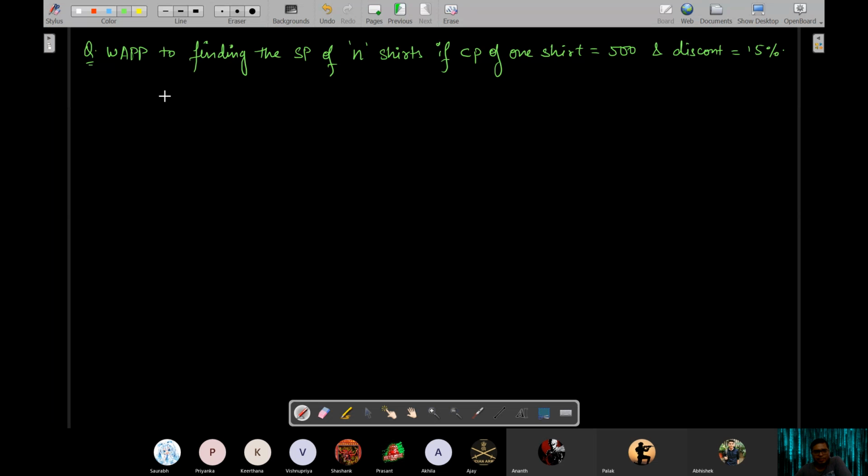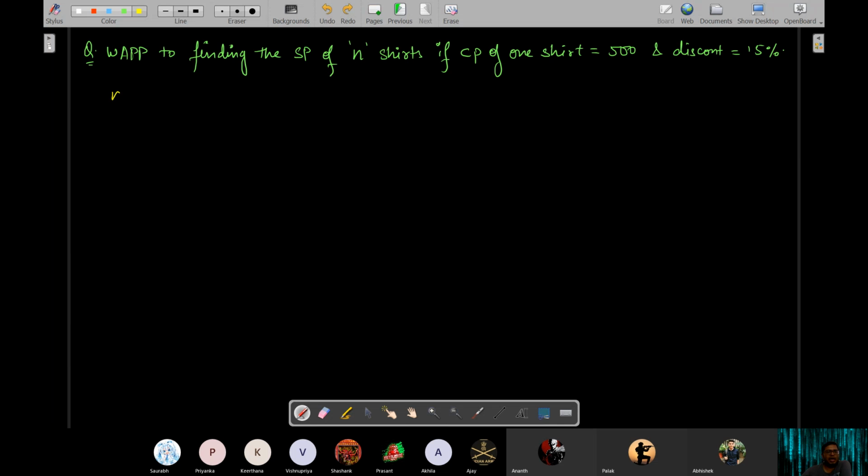ठीक है, very simple question because we are doing it second time, तो बहुत आसान है. What we are going to do here? Here we'll take cost price of one CPO is equals to 500, right? सबसे पहले यूजर इनपुट लिया जाता है, so let's follow the good programming practice.